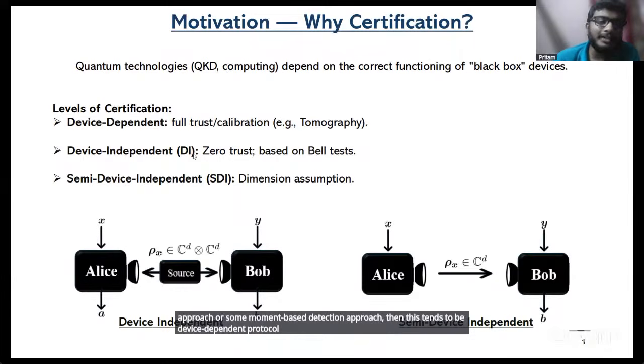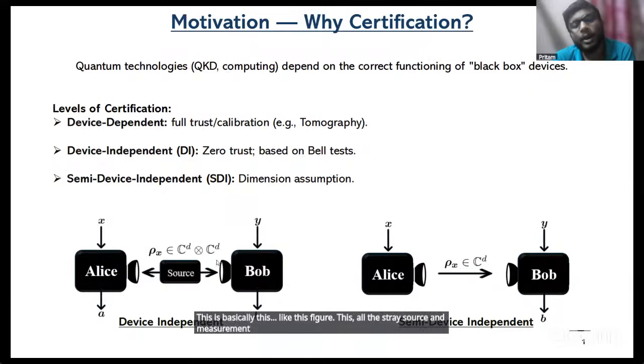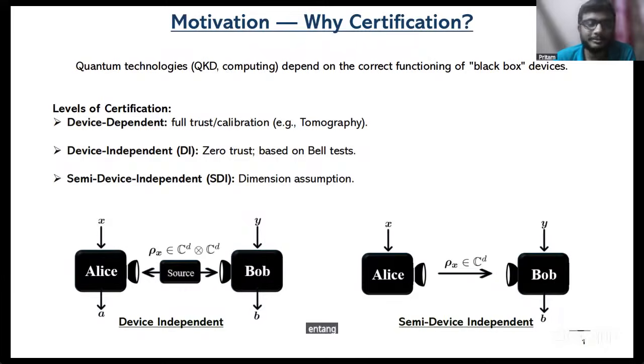Device independent is quite famous, because we all know device independent quantum key distribution and device independent random number generation. This is basically like this figure. The source and measurement devices are all untrusted, so we only trust the classical input and classical output.